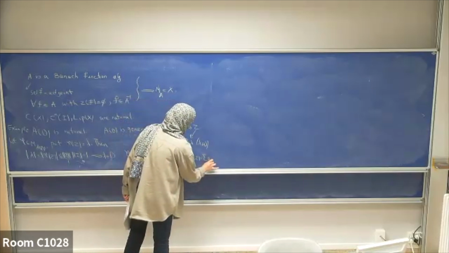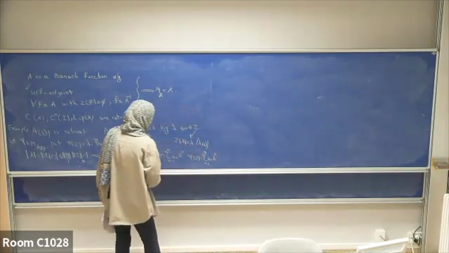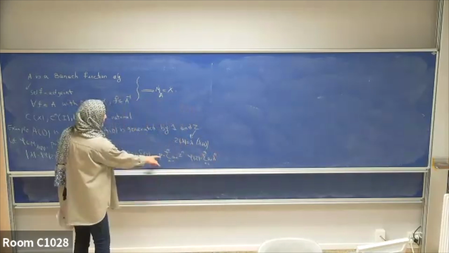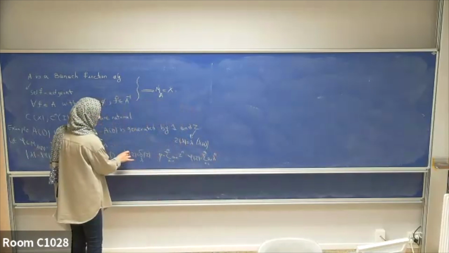So finally, we have the sum of a_n lambda^n. And each f is a limit of polynomials, and phi is continuous.